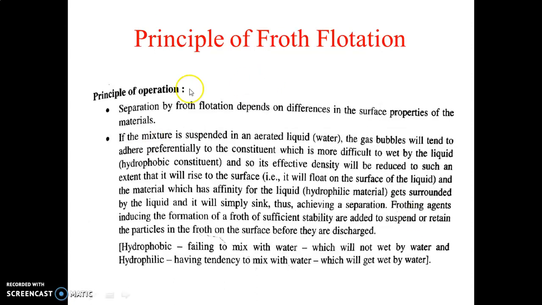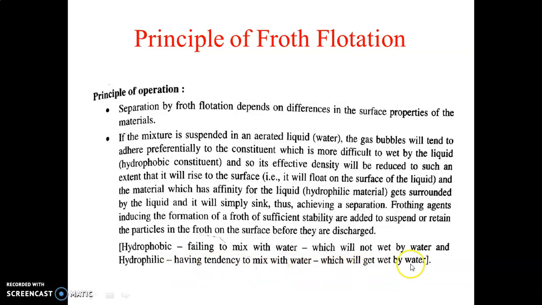So what is the principle of the froth flotation machine? There are generally 2 types of material, hydrophilic and hydrophobic. So what is meant by that? Hydrophobic material is not wetted by water. So this material does not mix with the water, and the other material has a tendency to mix with the water.